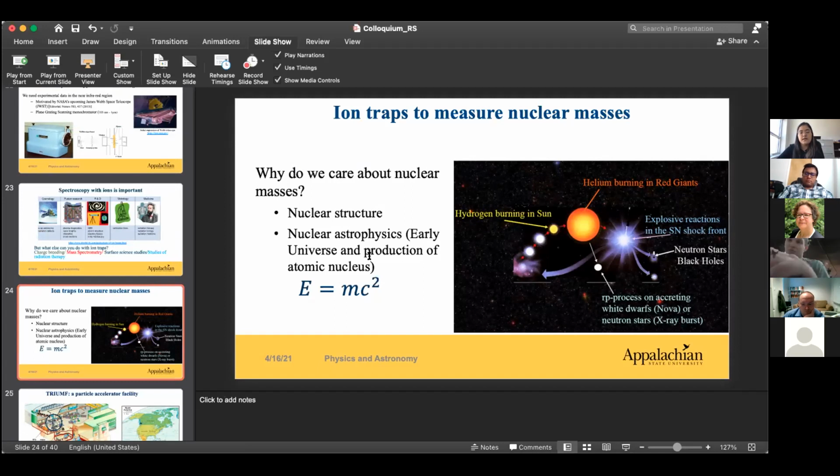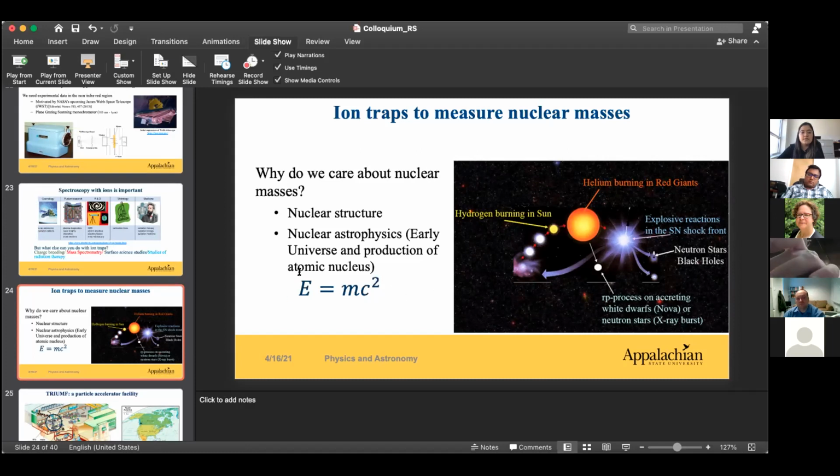The other thing is related to nuclear astrophysics. If you look at the very famous Einstein's equation, E equals mc squared, it's basically telling you that even for a tiny amount of mass, because of this huge proportionality constant, it results in an enormous amount of energy.